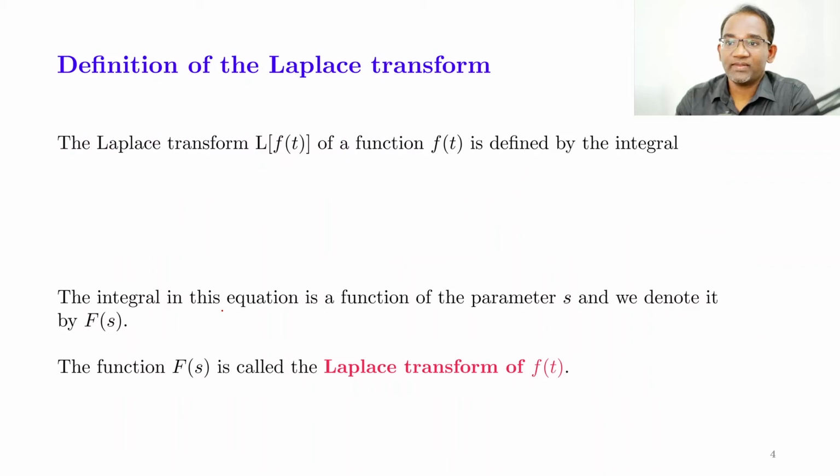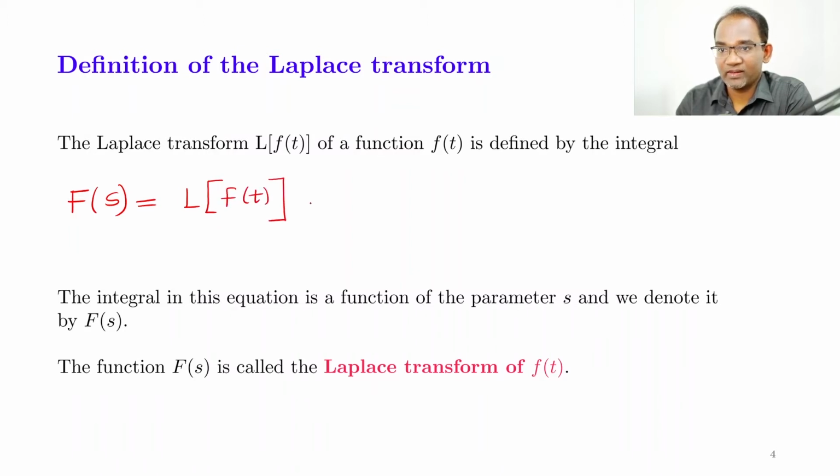We'll start with the definition of the Laplace transform. The Laplace transform L of a function f(t) is defined by the integral F(s) equal to the Laplace transform of f(t), and this is equal to the integral from 0 to infinity of e raised to minus st f(t) dt.